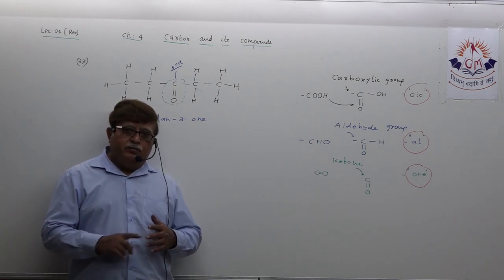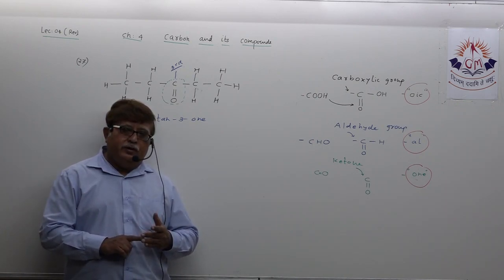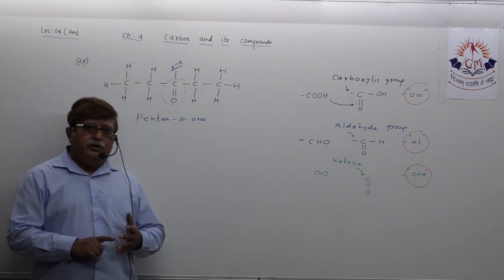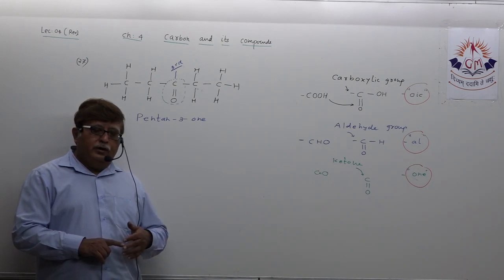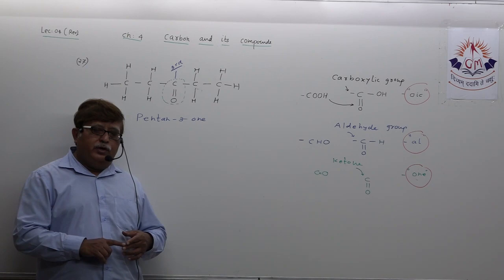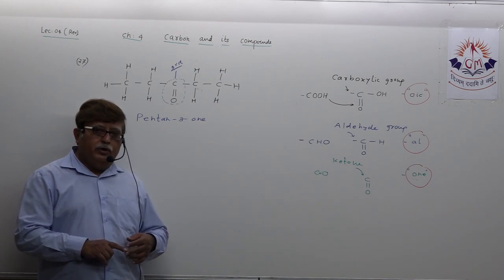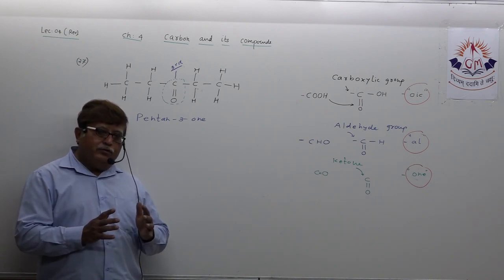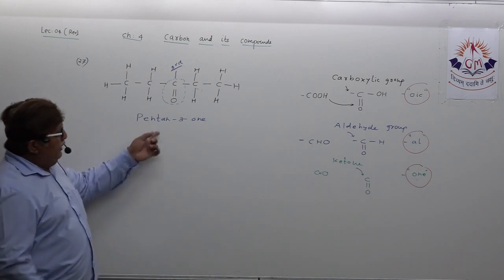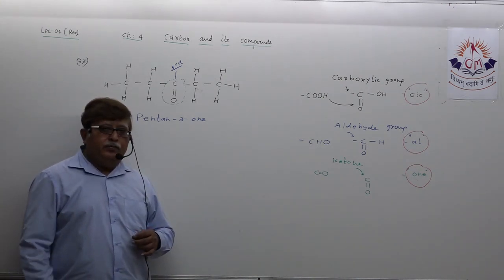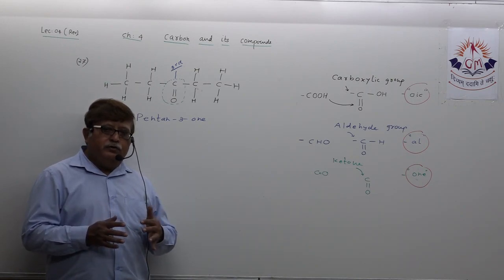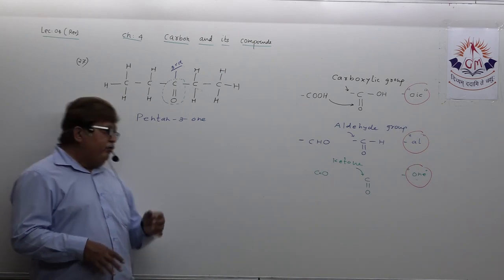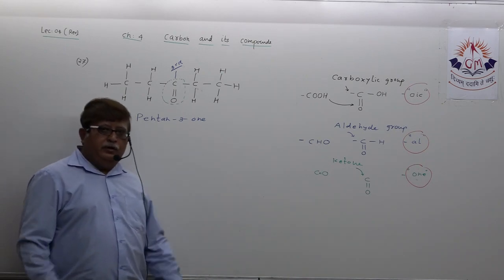C1 to C10: methane, ethane, propane, butane, pentane, hexane, heptane, octane, nonane, decane. OH, hydroxyl group, OL. Then CHO group, AL; C=O group, ONE; and COOH group, OIC acid. If you keep this basic rule in mind, and while naming any organic compound you see the position of the functional group where it exists, it will assist you in naming any organic compound.